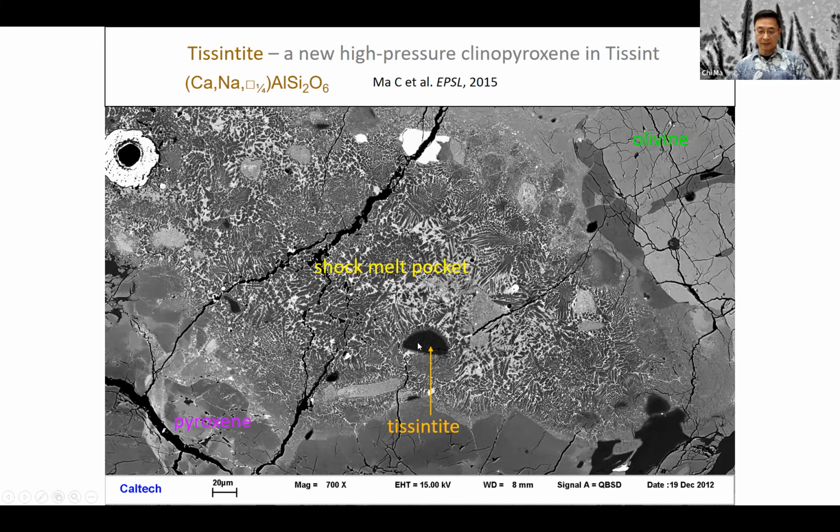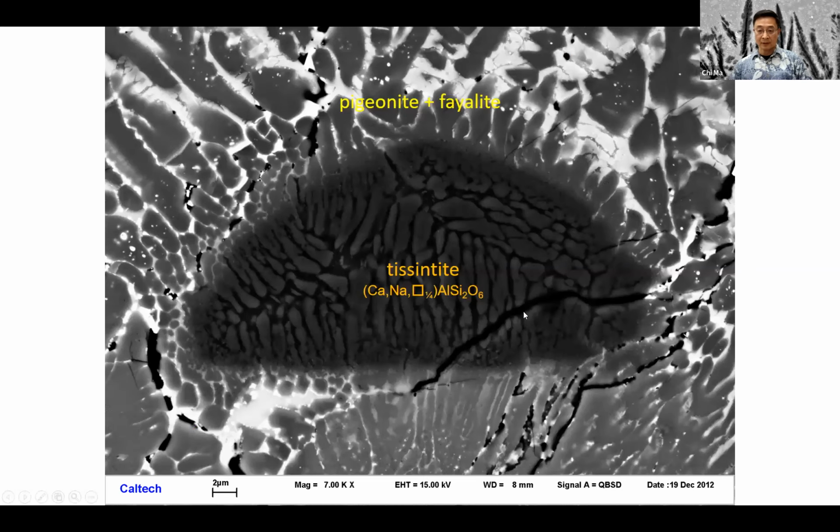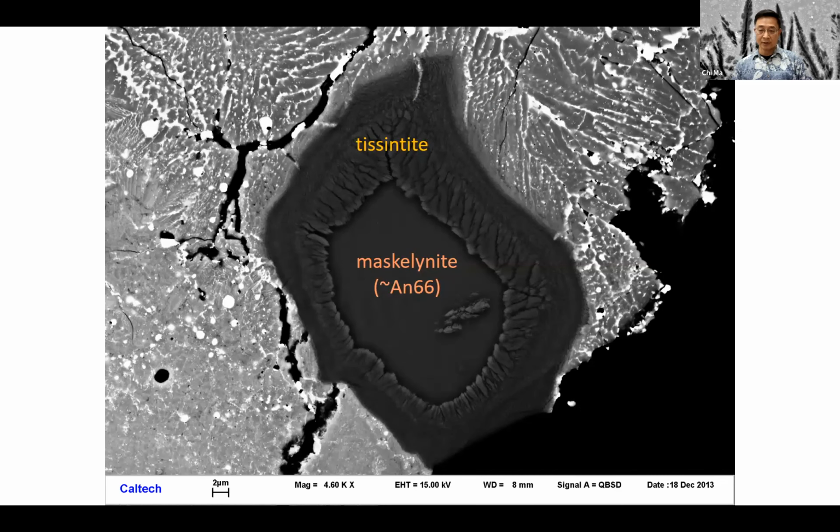So now let's zoom in within this shock melt pocket. Those tiny crystals at micron to submicron size are tissintite. This is another occurrence. Tissintite is here, and the center region is still maskelynite.